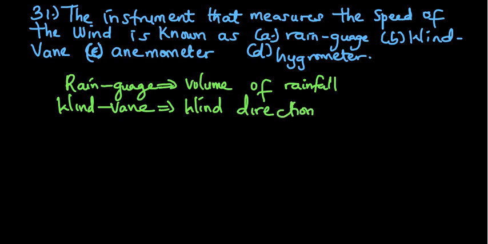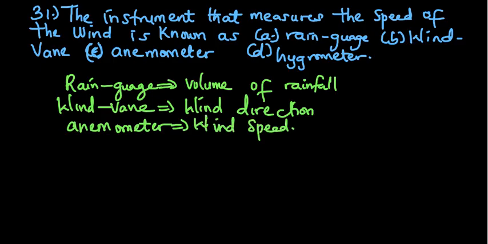What of the anemometer? The anemometer is used to know the wind speed. That is the function of the anemometer. What of the hygrometer? The hygrometer is used for measuring the relative humidity.